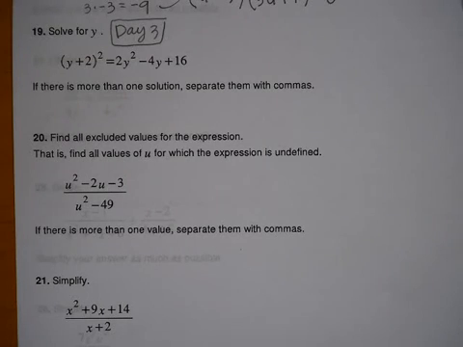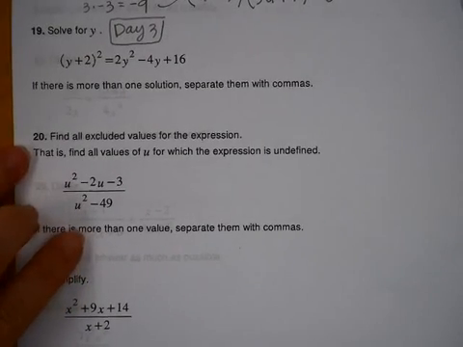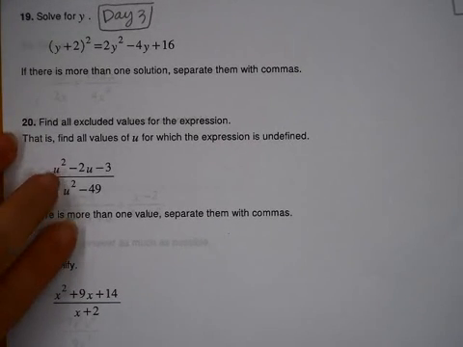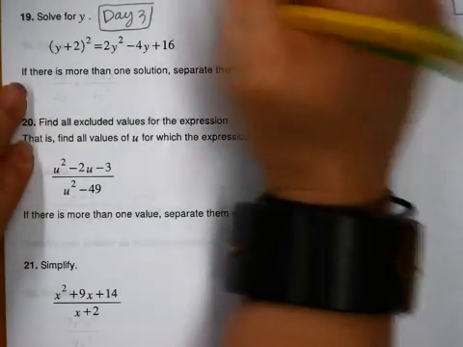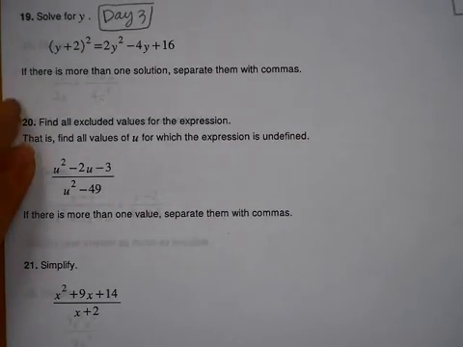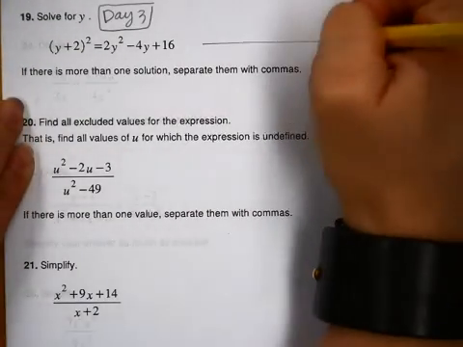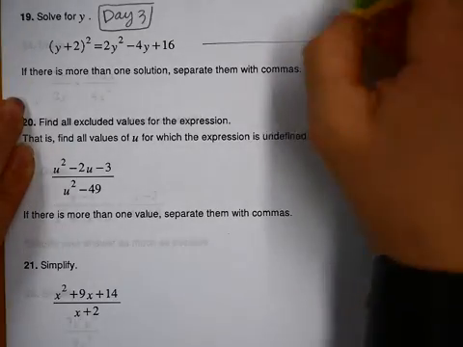So look on number 19. This one's going to be a little lengthy, okay? Because we are going to have to multiply out first and then get everything on the same side of the equal sign. All right, so I'm going to come over here so that I have some more room, okay?